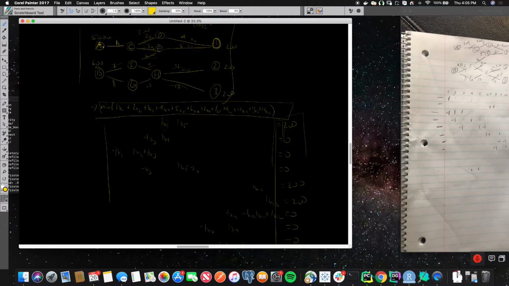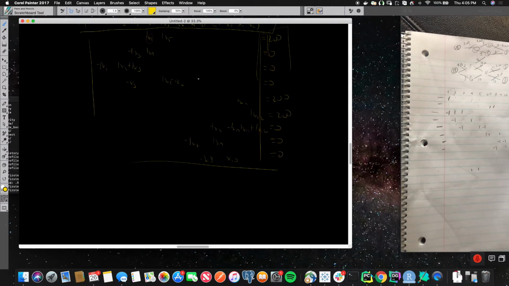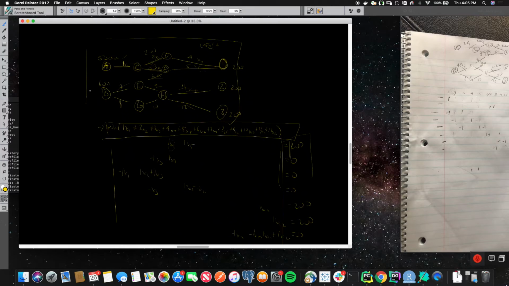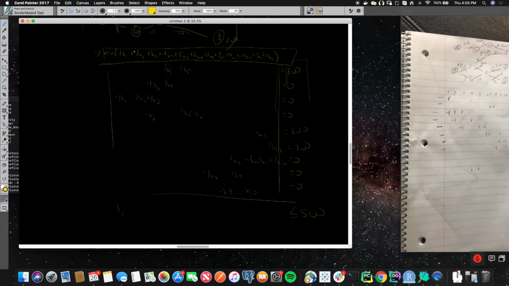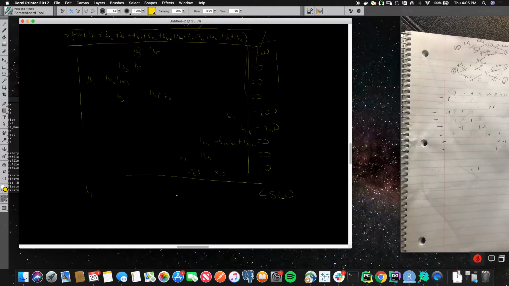So here at x1, x1 has to be less than or equal to 500 units because we don't have more than 500 units there. And then x7 and x8 have to be less than or equal to 600.